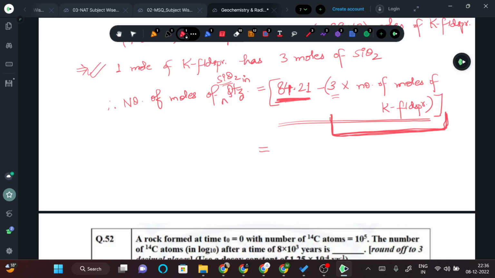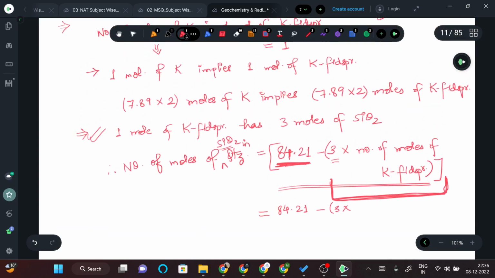Give it time. So here in calculation we will have 84.21 minus, still I hope some people must have got what I am telling over here, minus 3 times. What is the number of moles of K feldspar? We just calculated here.